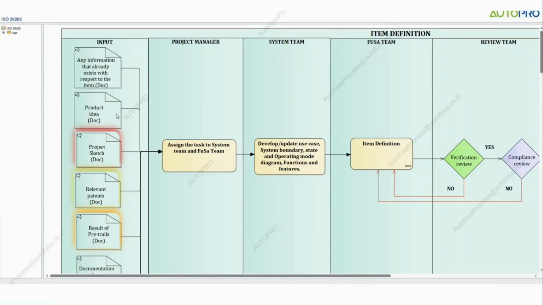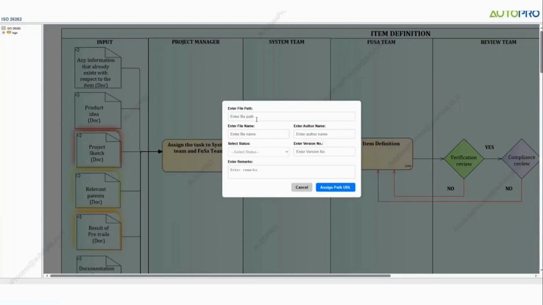The moment I click here, it will ask for the path where the file is stored. Normally, customers store all their project documentation in their configuration management tool, like Polarion, Codebeamer, SharePoint, and so on.